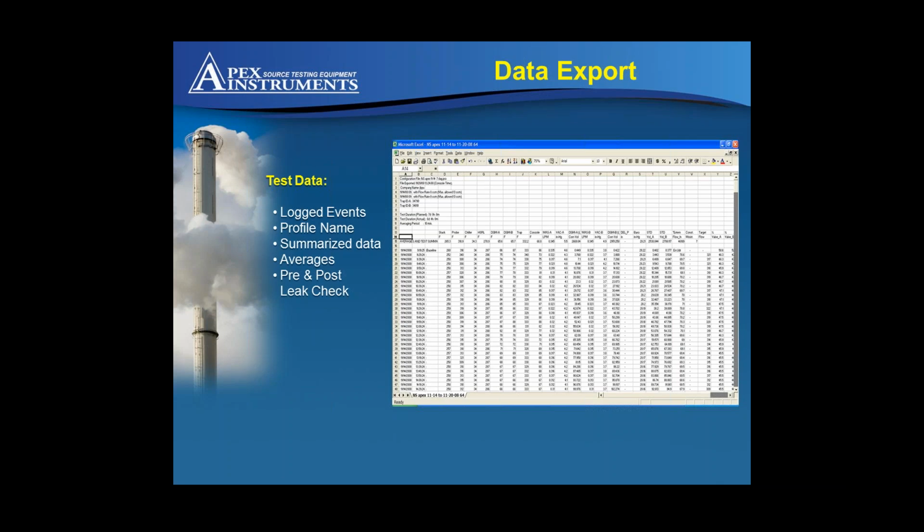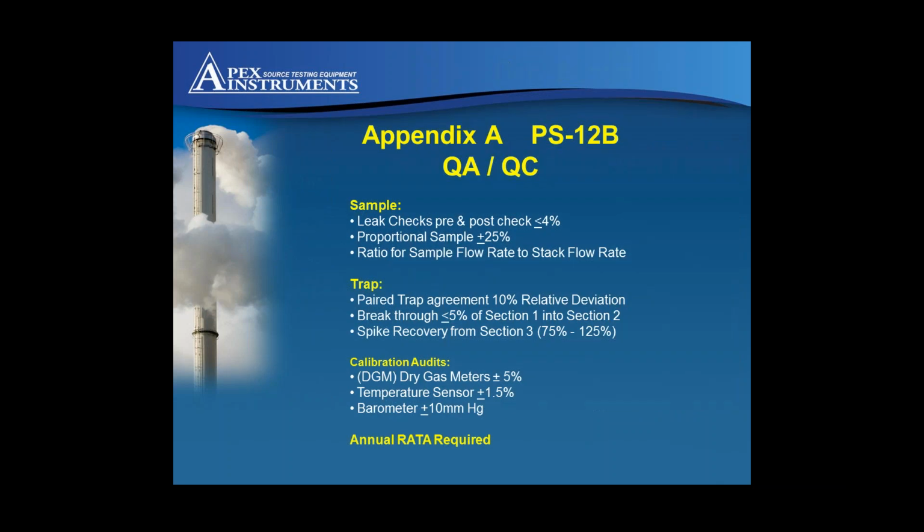I can't quite see it here, but it also tells you how close to proportional sampling you are during that time, what the percentage of the valve is open. Quite a lot of information here, and this is just the upper half. Down below we see more of the test parameters. So it's pretty straightforward.